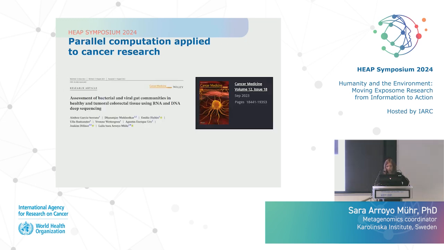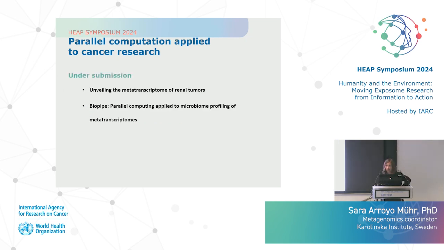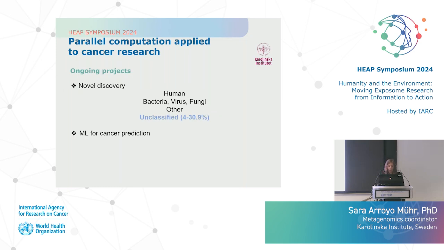We used Biopipe in one paper that is already published, and we have several others under submission, one of them about Biopipe per se, where we explain it. Now that this is done, what is next?